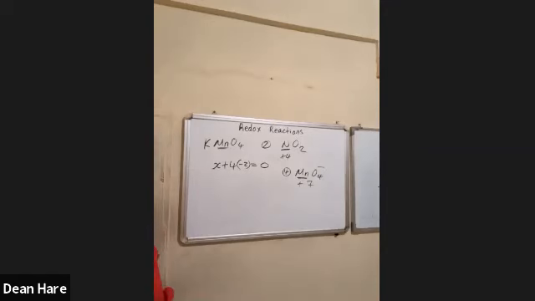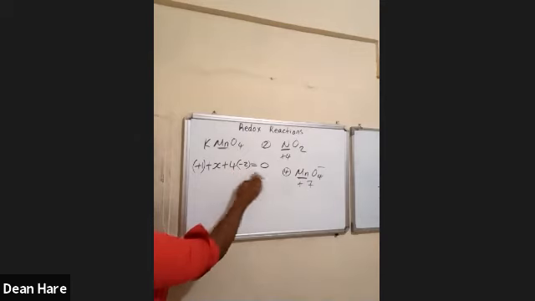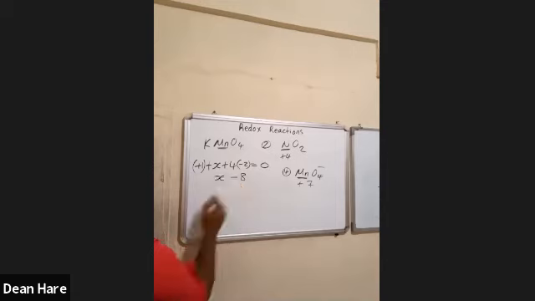Potassium is in group 1, and remember, any element in group 1 has an oxidation state of +1. All right, so 4 times -2, that is -8. And we know we still have +1 here. So we are trying to find X, so we are going to carry everything to the equal sign.